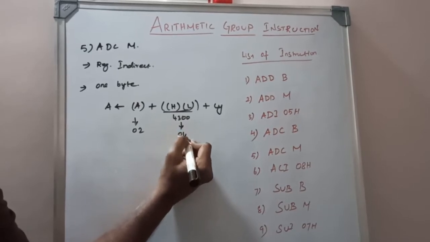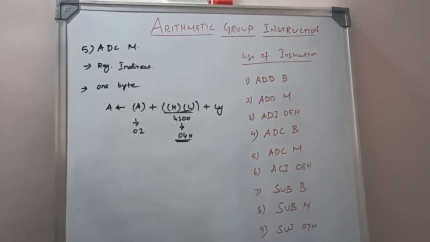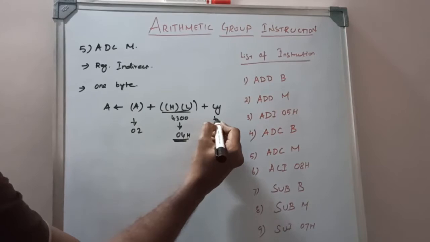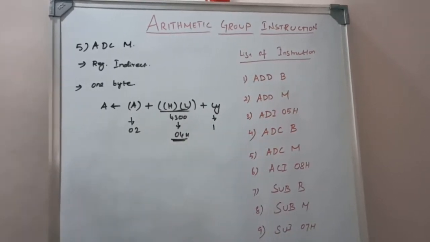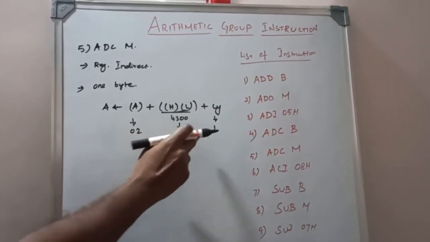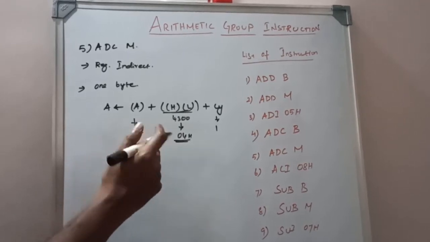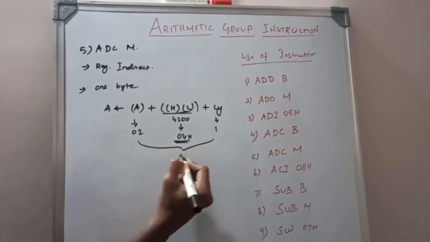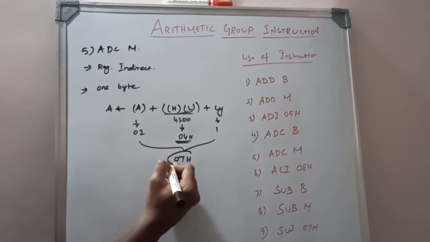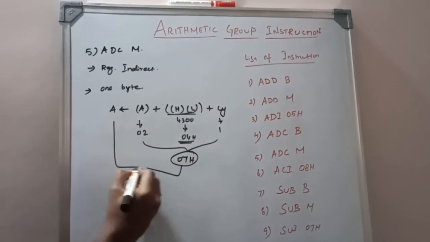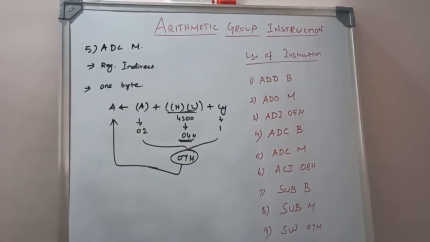In this location, 04H is the 8-bit data, and the carry value is 1. Adding the 3 values, you get 07H. This value is stored to the accumulator.